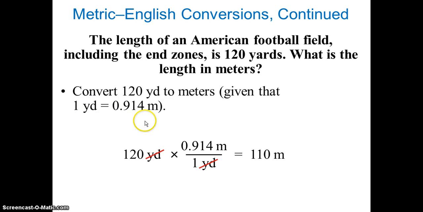We use the same unit factor method that we used before to convert from yards to meters. Remember, in this unit factor, 1 yard is on the bottom and 0.914 meter is on the top, so that way we can cancel yard and we find the answer in meters.